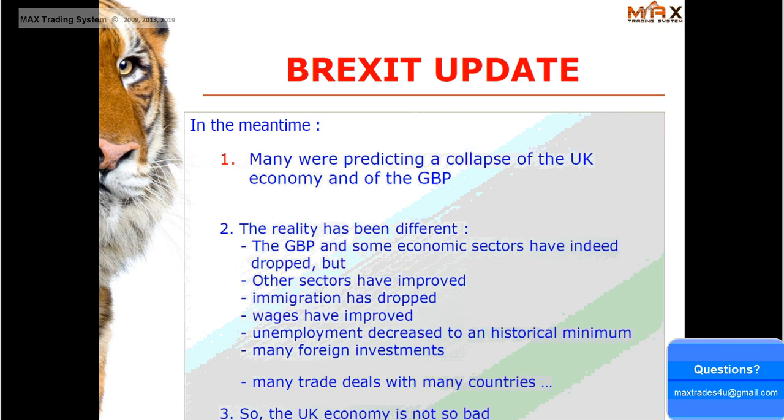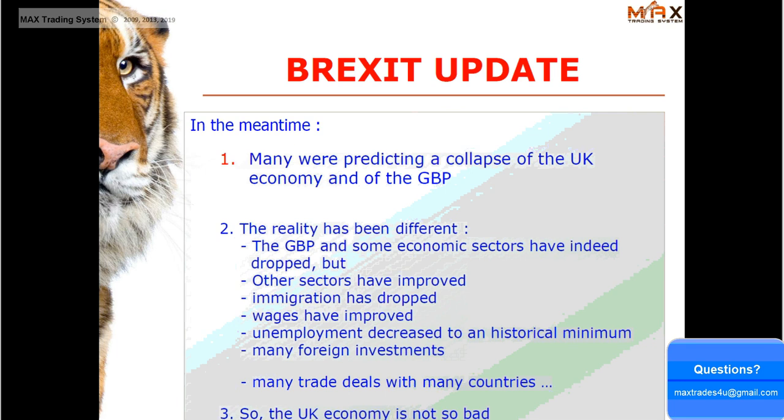And this is why, in fact, the FTSE is improving. Generally, we have an inverse relationship between a devaluation of a currency, a drop in the currency, and the behavior of an index, and vice versa.